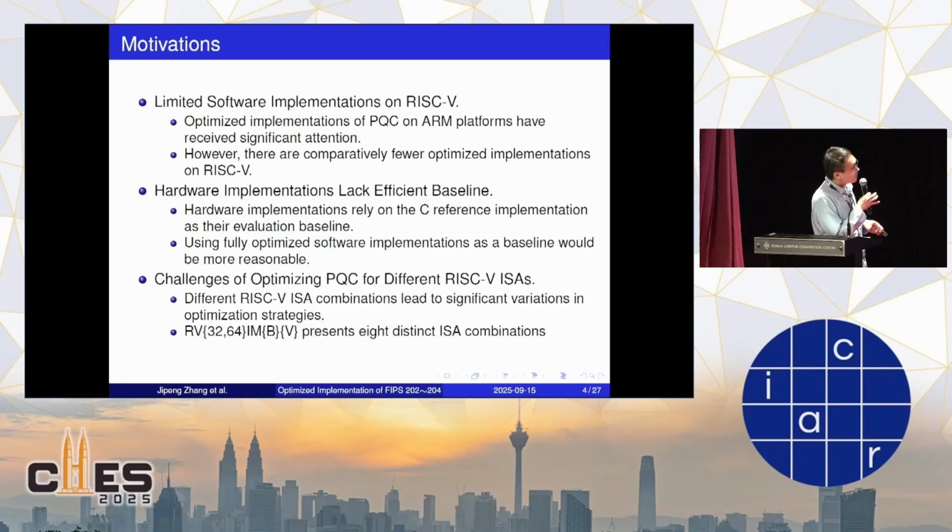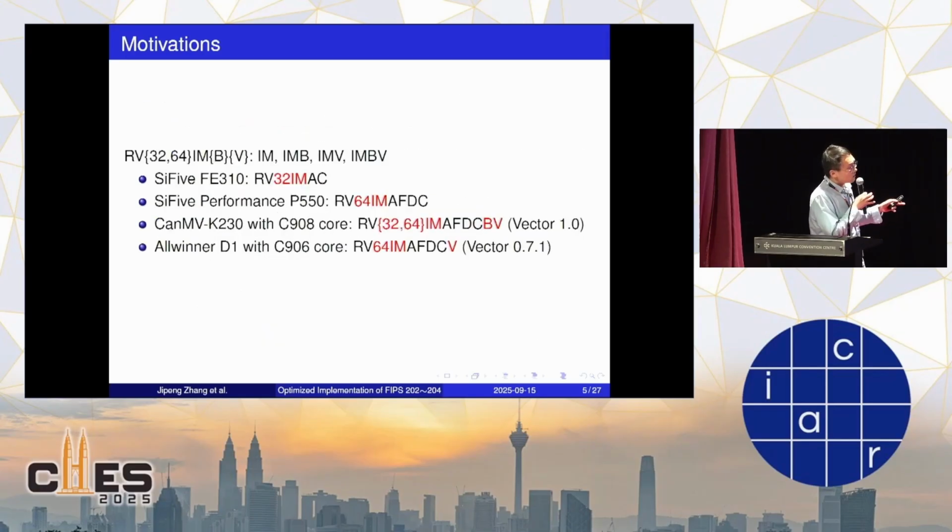The third, we found that optimizing PQC for different RISC-V cores presents a unique challenge due to the modularity of RISC-V. Here we're using symbols to represent 8 different RISC-V ISA combinations. These are not just theoretical combinations. They represent the commercially available cores as listed here.